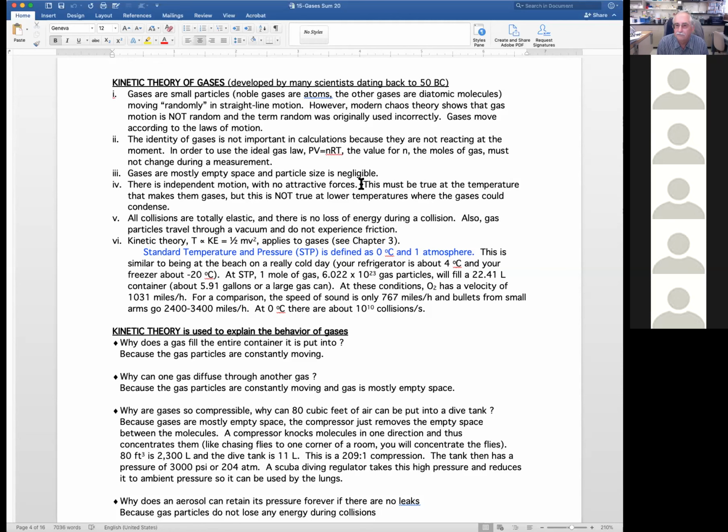What happens if the temperature goes down? Well, that will all condense into liquid, right? Because of the attractive forces. All collisions are totally elastic. There's no loss of energy during a collision. And here's kinetic theory as it applies to gases.